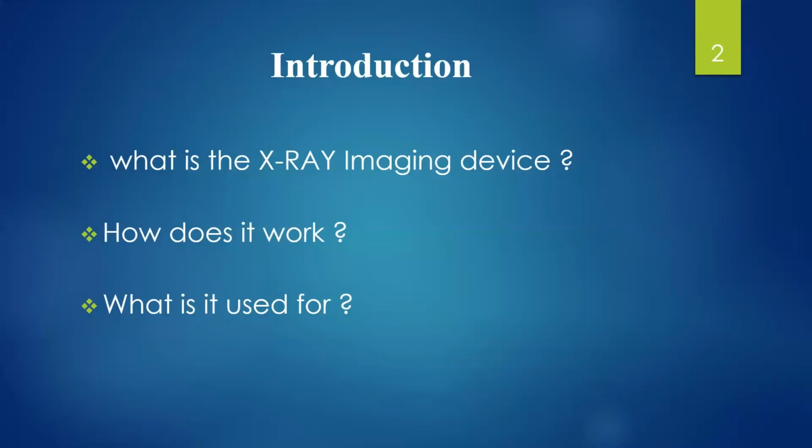The X-ray device mainly uses electromagnetic radiation, and it sends individual X-ray particles through the body. The pictures are recorded through a computer or film, and we use it to diagnose and detect injuries to tissues or bone structure.